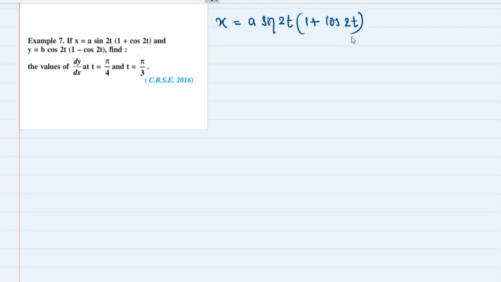Okay, so we have a parametric equation of x with respect to t, and y is equal to b cos 2t, bracket 1 minus cos 2t.